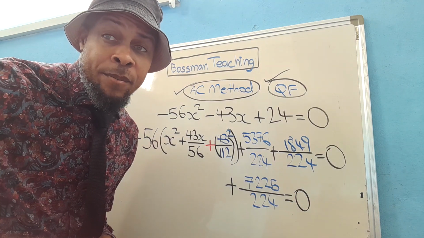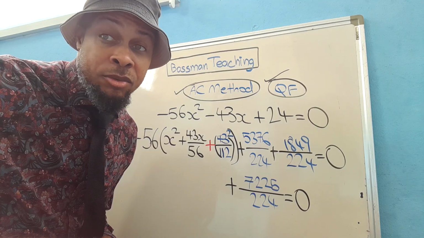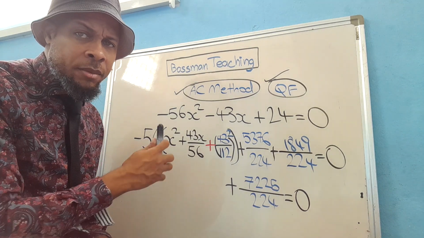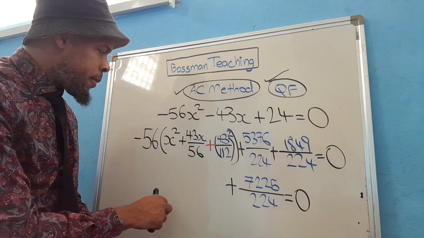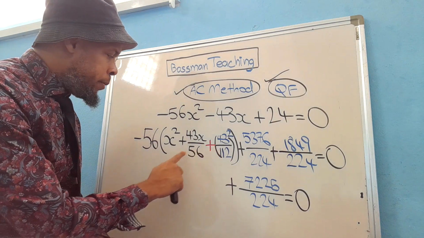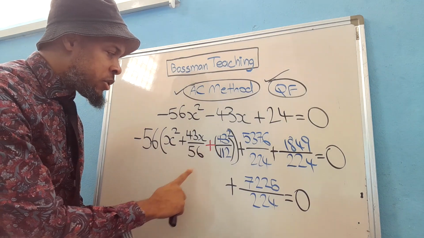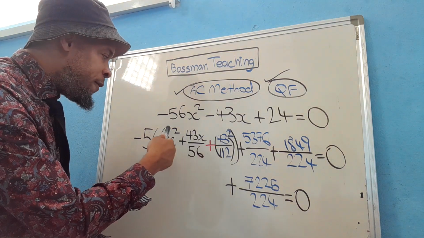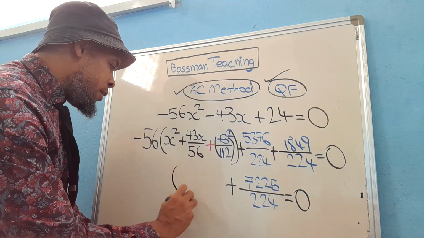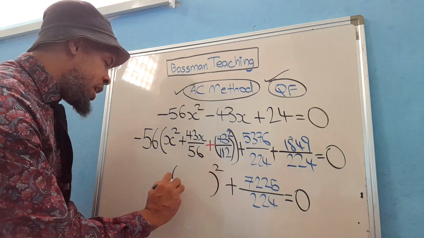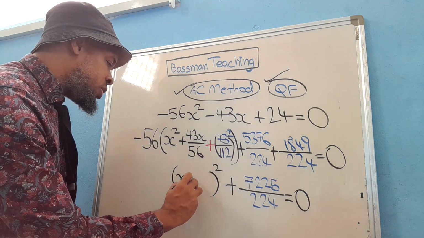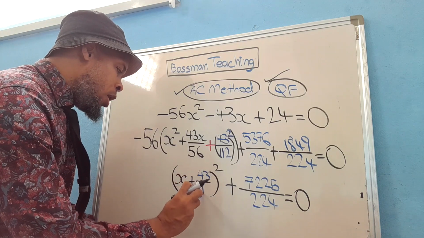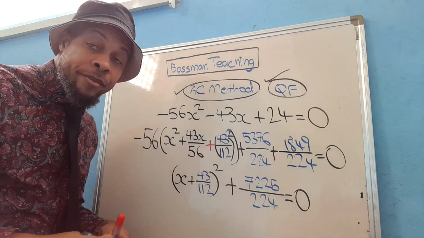Alright, so now that I'm done with that part on the right, let's come over here now. Now here's something interesting about this. All you have to do, square root this, you get x, square root that, you get 43 over 112. Therefore, when you factorize this, it results in x plus 43 over 112 all squared.